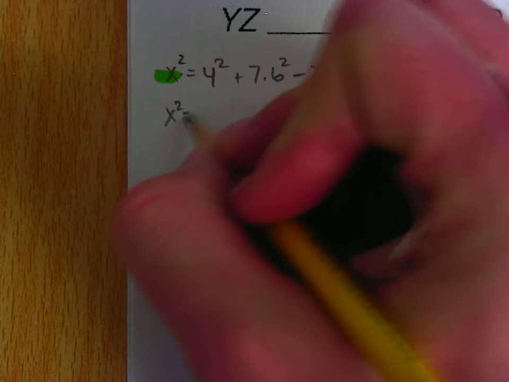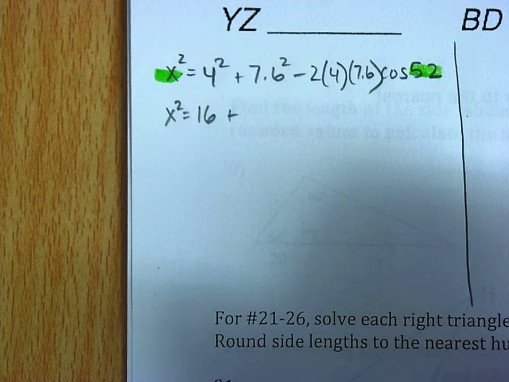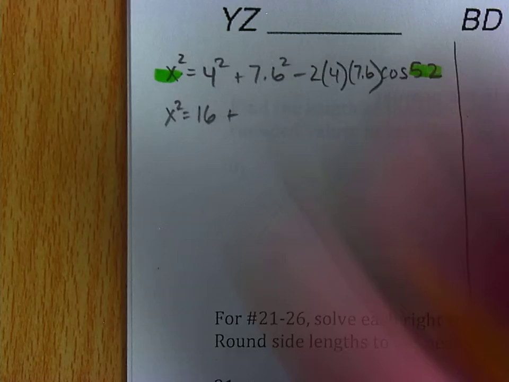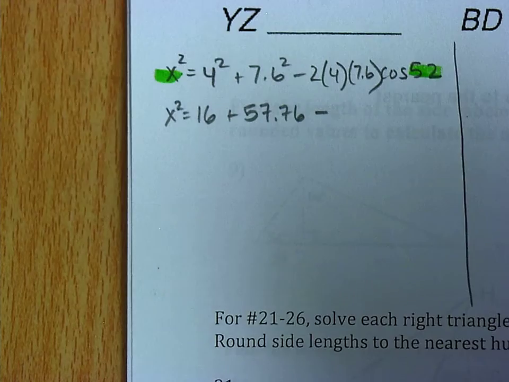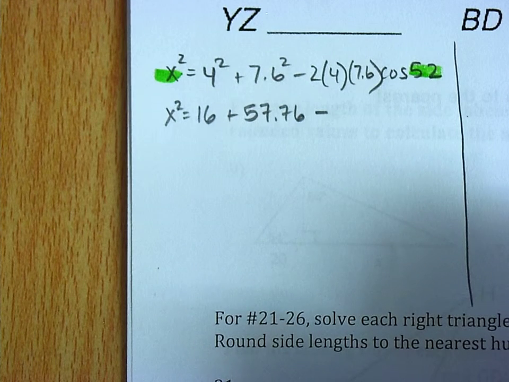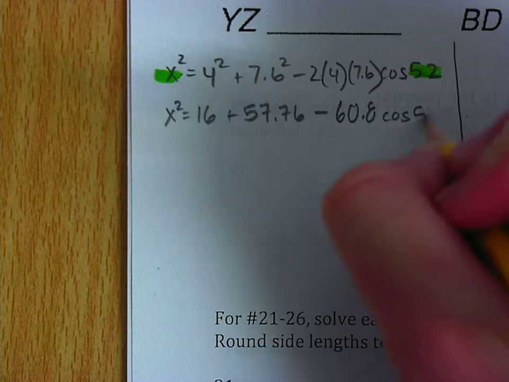So this is just x squared equals 16, and 7.6 squared, I don't know off the top of my head, but if I use my calculator, I know it's 57.76. Well, 2 times 4 is 8, and 8 times 7.6 is 60.8 cosine of 52.